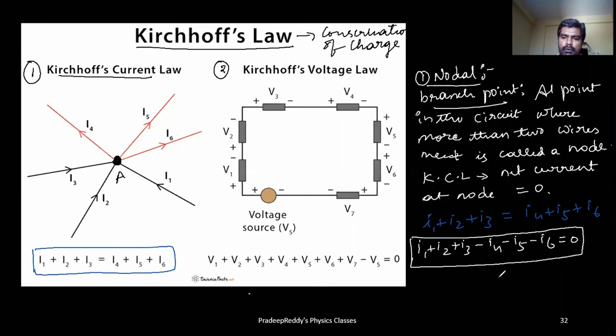That means the summation of I, where i is from 1 to n, equals 0. This is the form of Kirchhoff nodal law or branch law.